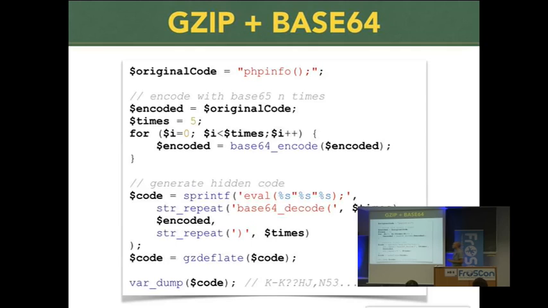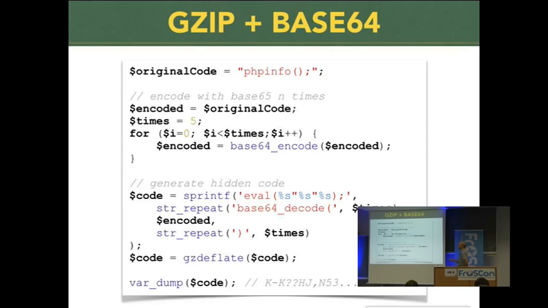There are other techniques. For example, we encode with base64 5 times. Base64 is lossless, so once decoded, we'll get the same information. So we encode it 5 times, and then we generate a PHP code able to decode it.